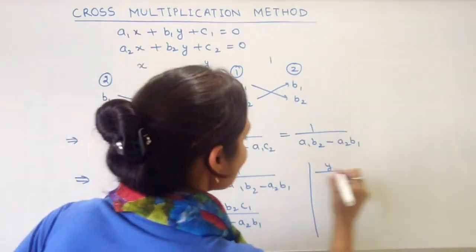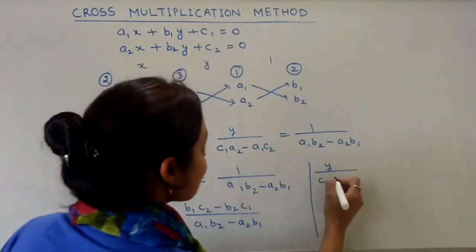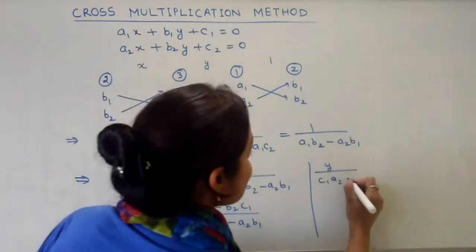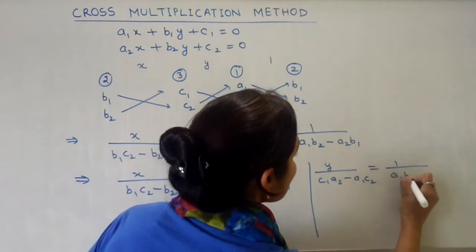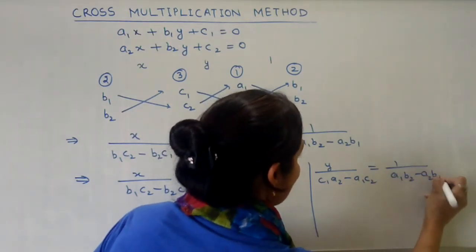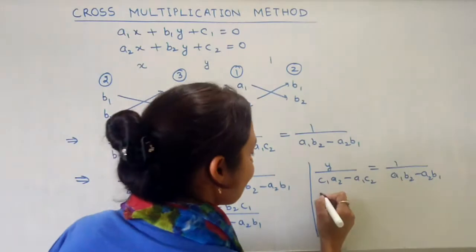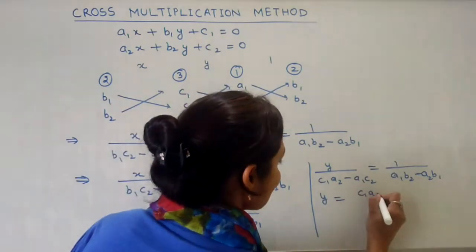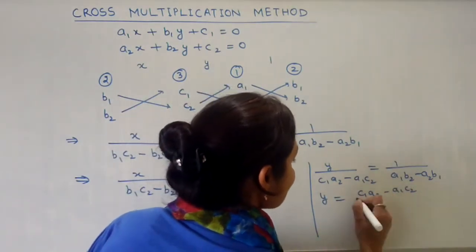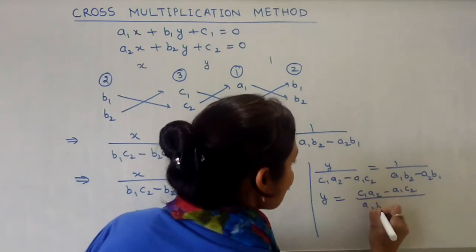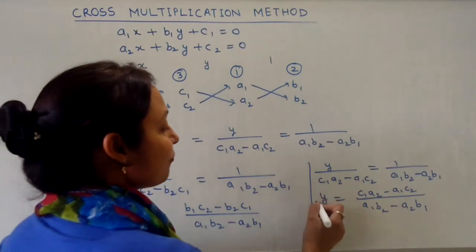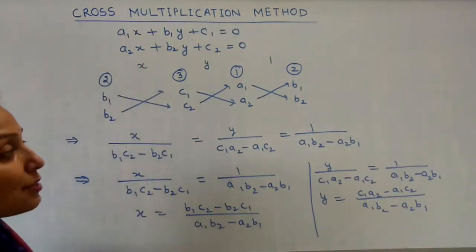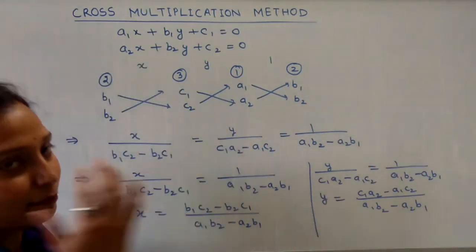How can we find the value of y? y upon c1 a2 minus a1 c2 is equals to 1 upon a1 b2 minus a2 b1. I will take this in the numerator. y is equals to c1 a2 minus a1 c2 divided by a1 b2 minus a2 b1. So this is the way to solve y and this is the way to solve x. So this is the cross multiplication method.